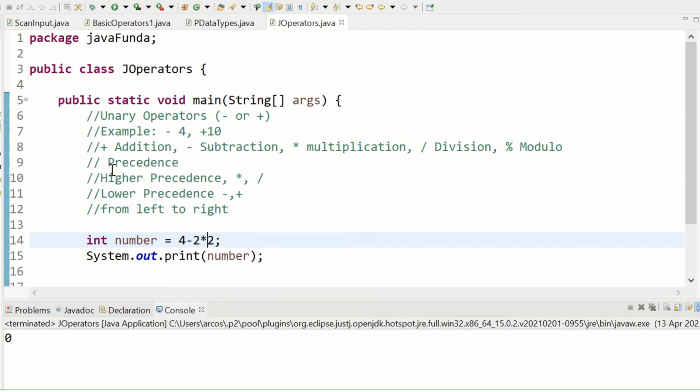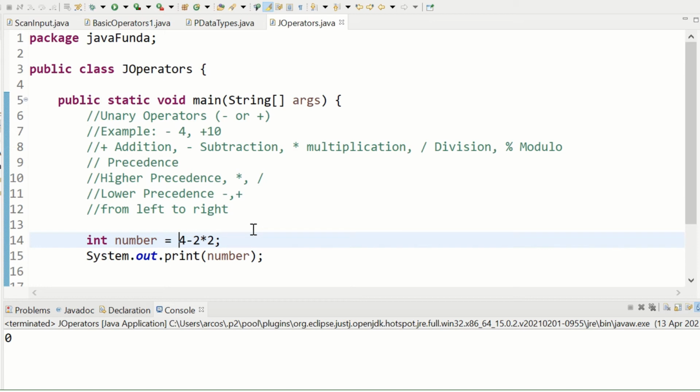But since we now apply precedence, this time we first perform the 2 times 2 because it has the highest precedence, before we perform the 4 minus the result of this 2 times 2.